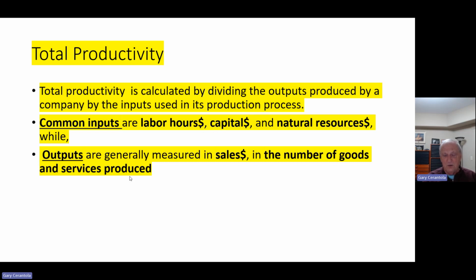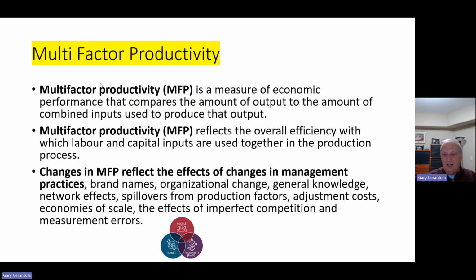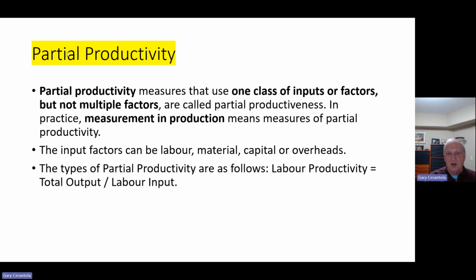So take heed of what's in here, especially in the bolded areas, and then understand what multi-factor productivity is, and that changes in multi-factor productivity reflect the effects of changes in management practices. So there's the connection between management principles and operations to be more successful in achieving the vision of your organization. I talked about partial productivity. So that's one class of inputs.